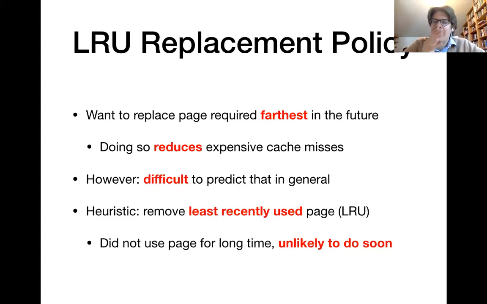So that is the least recently used heuristic, and it essentially means that if I have to decide where to create space, for instance, in the buffer pool or somewhere in memory in general, then I'm always deciding to override that page which hasn't been used for the longest amount of time. So that is the least recently used heuristic, and it is a very popular replacement heuristic used, for instance, by operating systems.